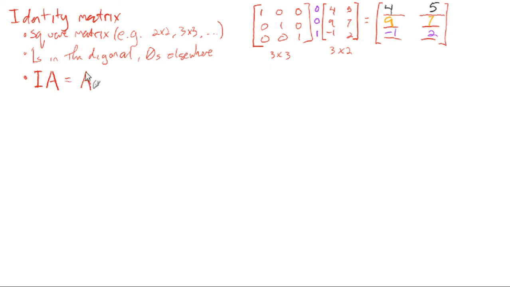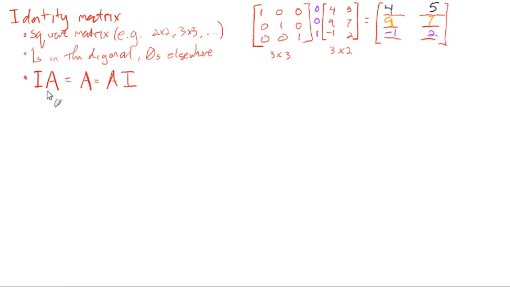That should also happen when we do A times I. Because something we learned in the section on multiplying matrices together was that when you change the order that you multiply matrices in, it will most often change the answer. But not true with the identity matrix. Whether we multiply it this way or that way, we'll get A back.